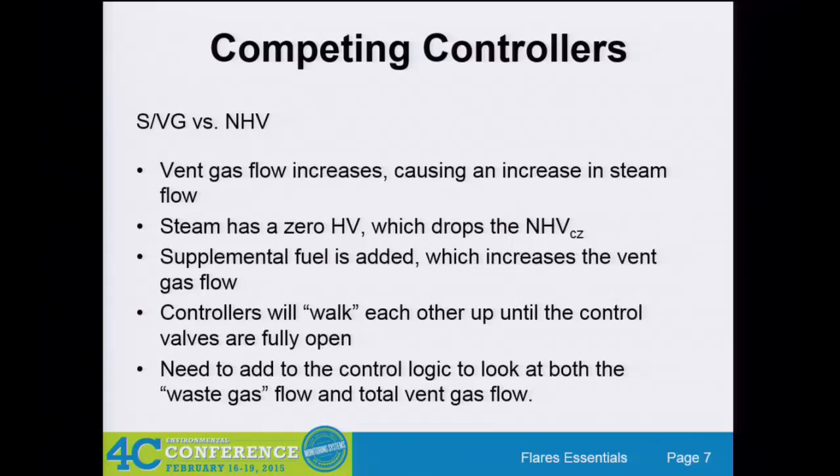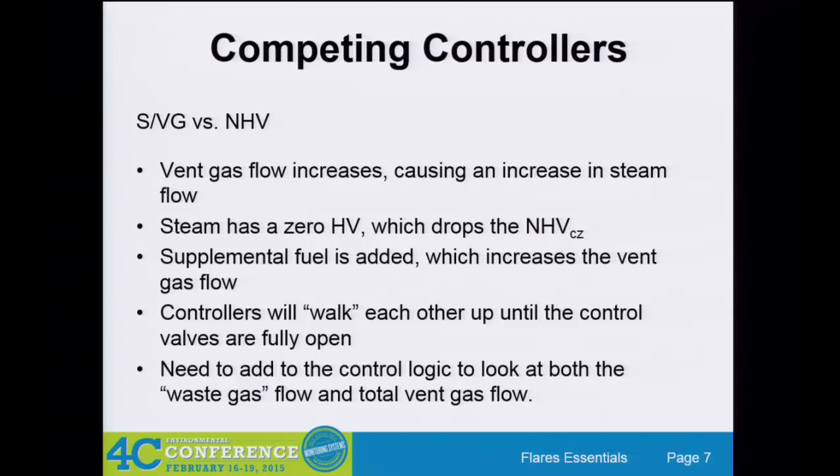Well, that increased your vent gas, which increased your steam because they're ratio controlled. So now you have these two controllers that are basically walking each other up, because each one increases due to the other one. Then you walk into the control room and find one of those valves at 100% because it's been walked up to that point.